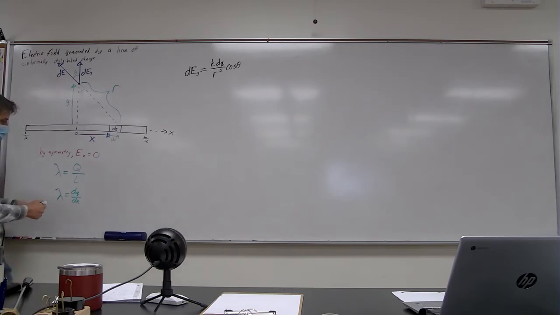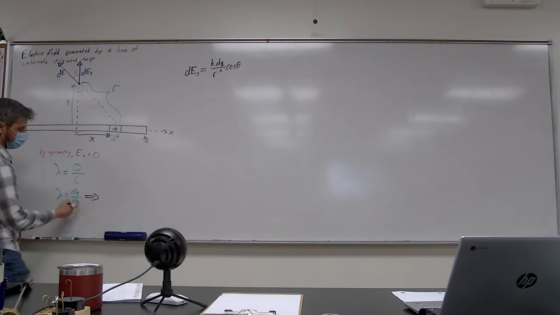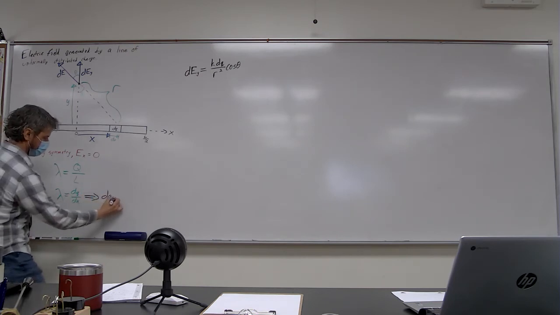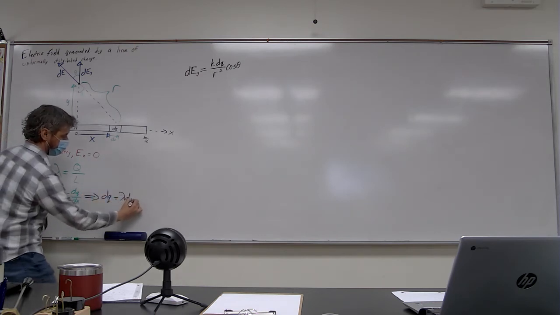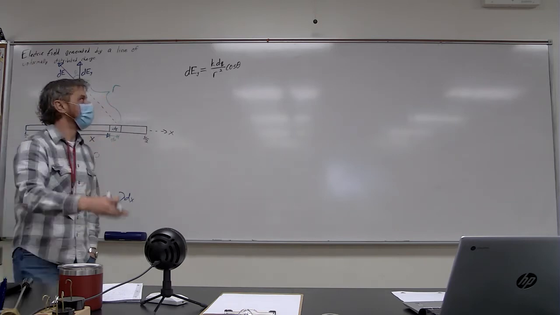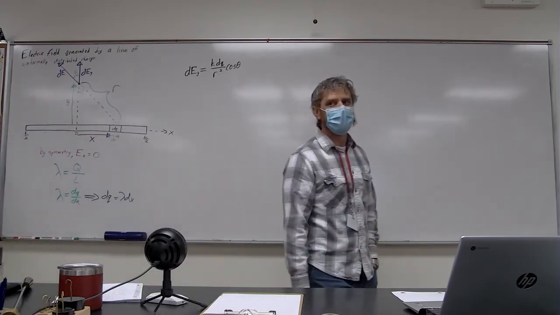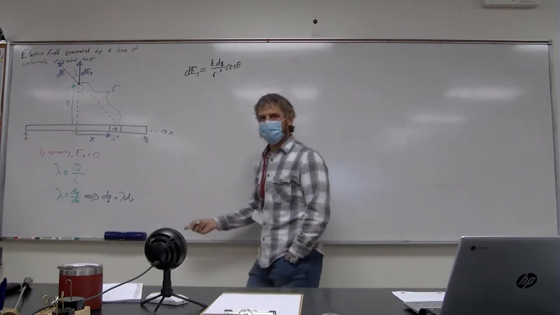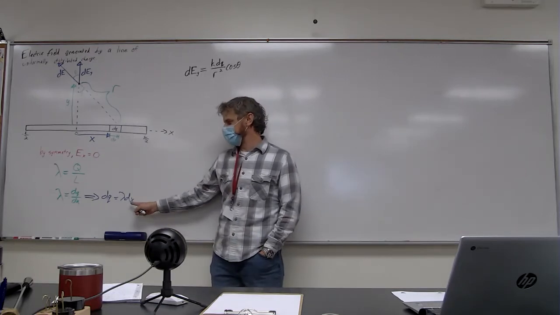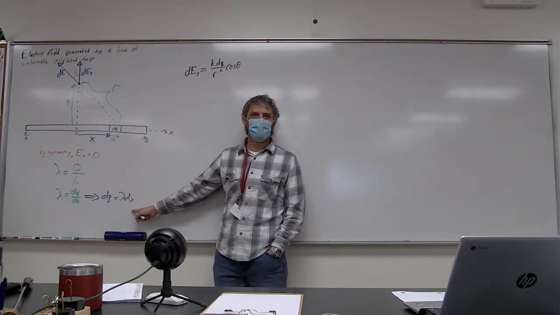You need to rewrite r and cosine theta. Yes, absolutely. Very good. Then we also need to substitute, obviously, dq. We need to solve this for lambda dx. Yeah, we need to rewrite r and cosine theta, because what variable do we need to integrate with respect to? x, right?